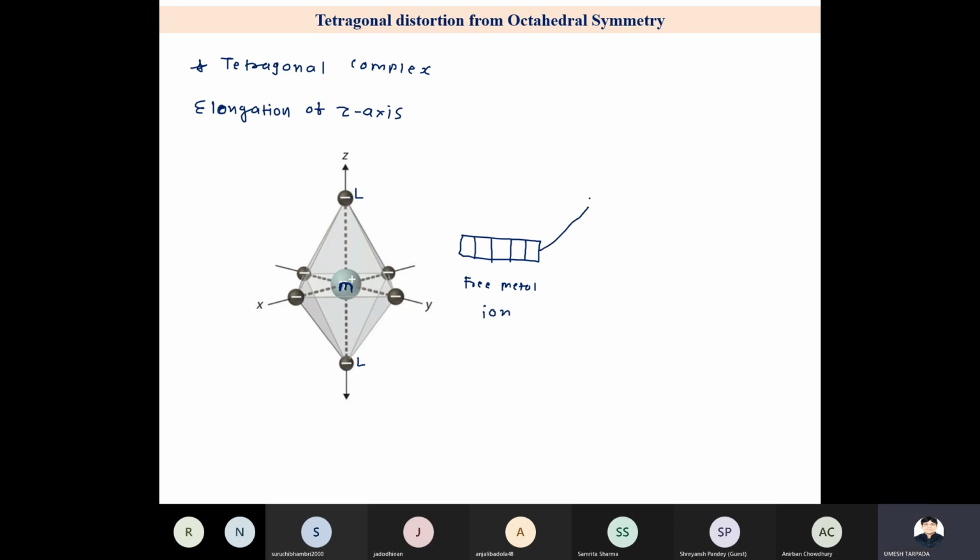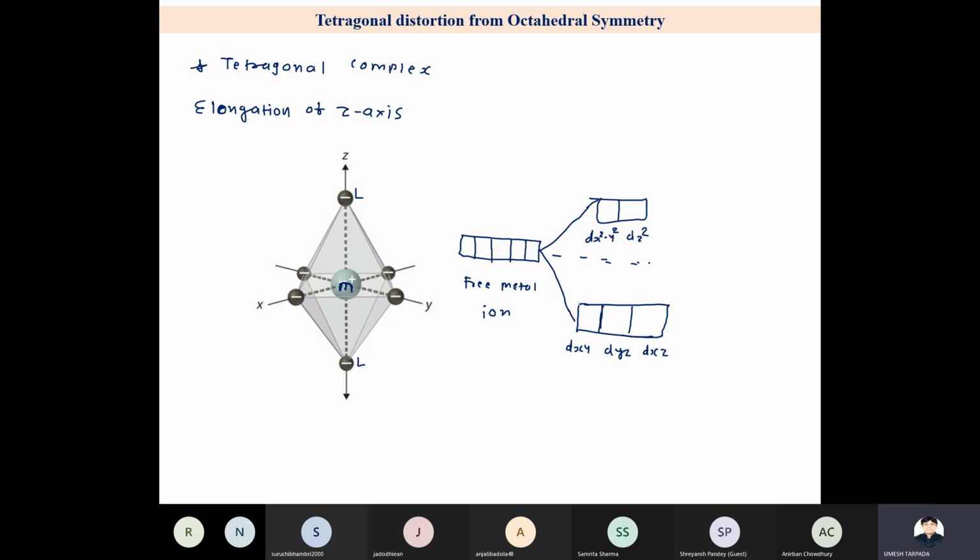It is split into two sets in octahedral, called the t2g and eg sets. Why is this split? Because of the electrostatic repulsion of metal electrons with ligand electrons. So the energy of dx square minus y square and dz square increases, and the three orbitals dxy, dyz, and dxz decrease, from the barycenter.